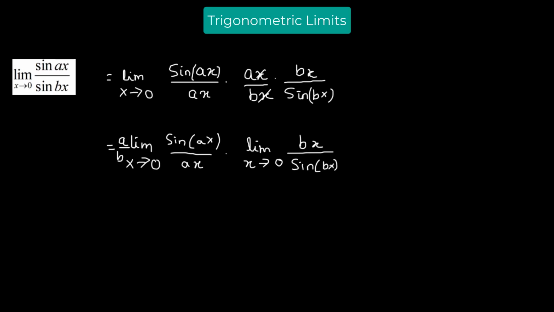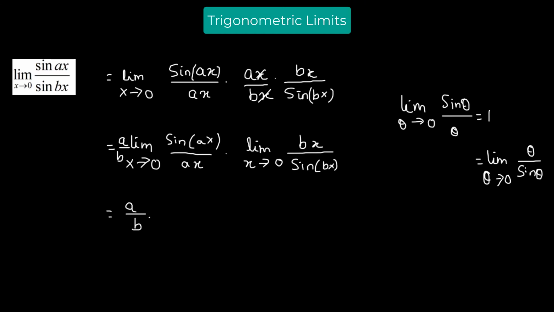Now our definition states that the limit theta going to 0 of sine theta over theta is equal to 1. However, this is also equal to the limit theta going to 0 of theta over sine theta. So when we use this definition, that gives us a over b times 1 times 1. So we have a over b. This is going to be the limiting value of the given function when x tends to 0.